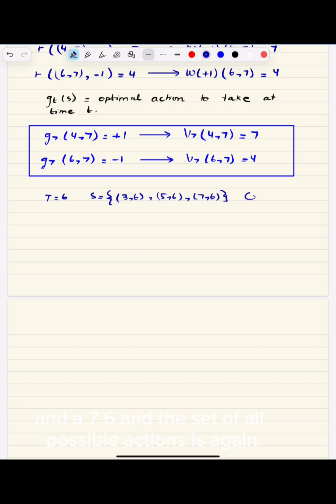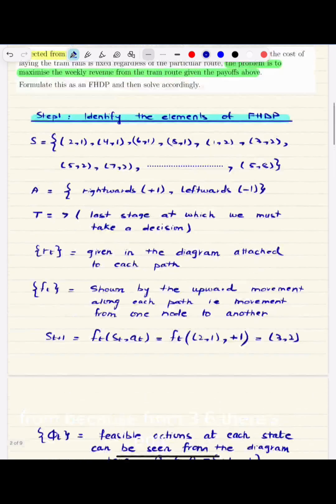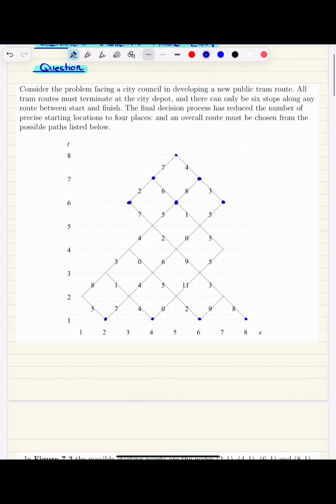And the set of all possible actions is again a right movement or a left movement. From 3 6 there's only one option, going right, and from 7 6 there's only one option, going towards the left.